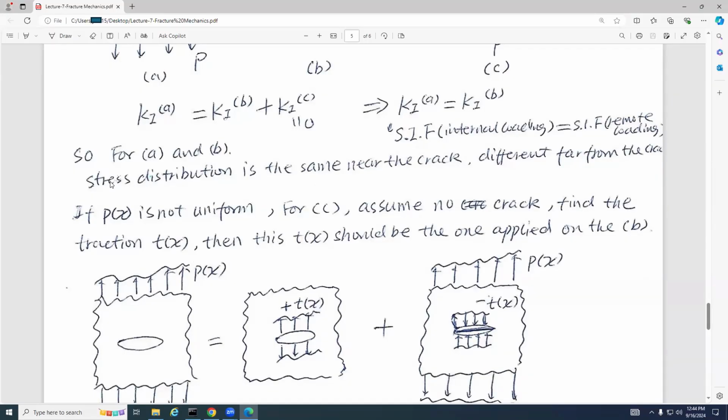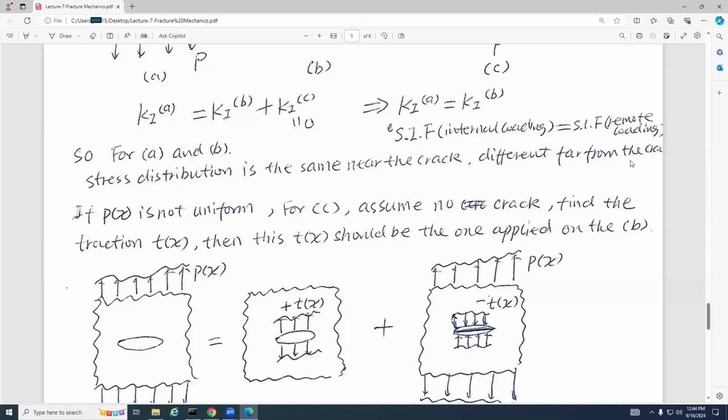Let's see, okay? There is one thing. The stress distribution is the same near the crack, but different far away from the crack. Make sense?